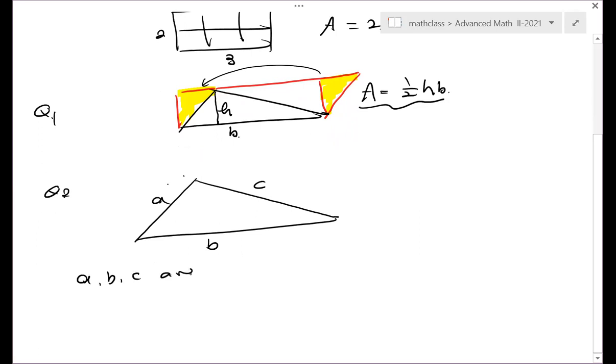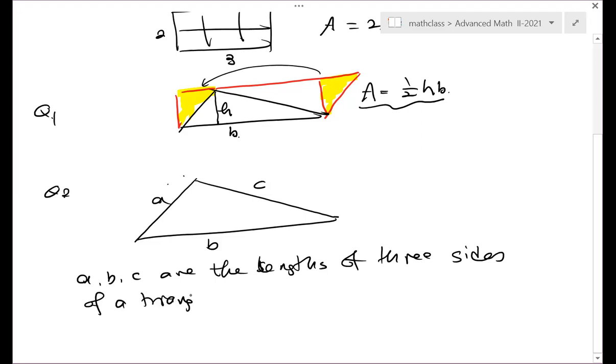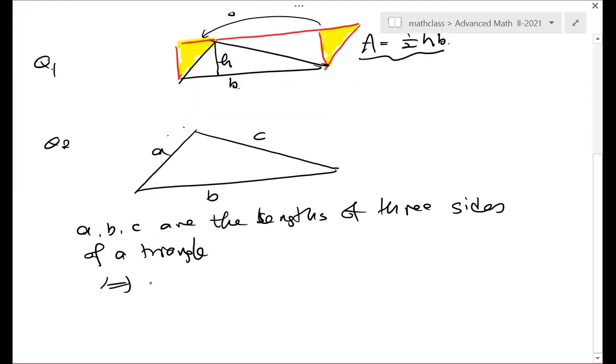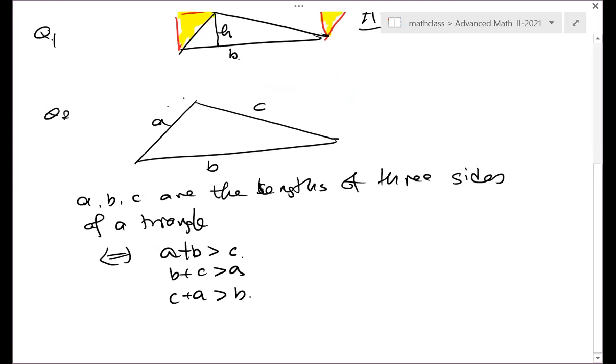A, B, C are the lengths of three sides of a triangle if and only if A plus B is greater than C, B plus C is greater than A, C plus A is greater than B. Okay, those are called the triangle inequalities. If one of them is not satisfied, then those three numbers cannot be the edge lengths of a triangle.